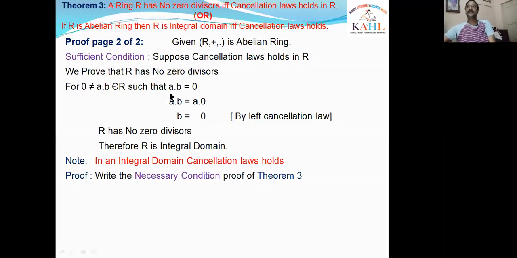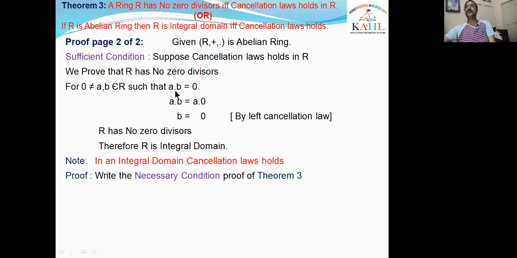Okay, students, AB is equal to 0 may be written as A into 0. By left cancellation law, because we have taken suppose that cancellation law holds, A is cancelled from the left side. That means B only remains in the LHS part, and in the RHS part 0 will remain because A was cancelled. B is equal to 0.